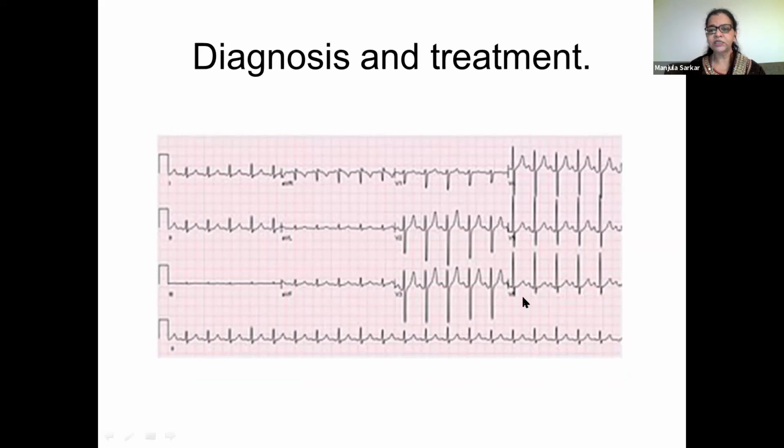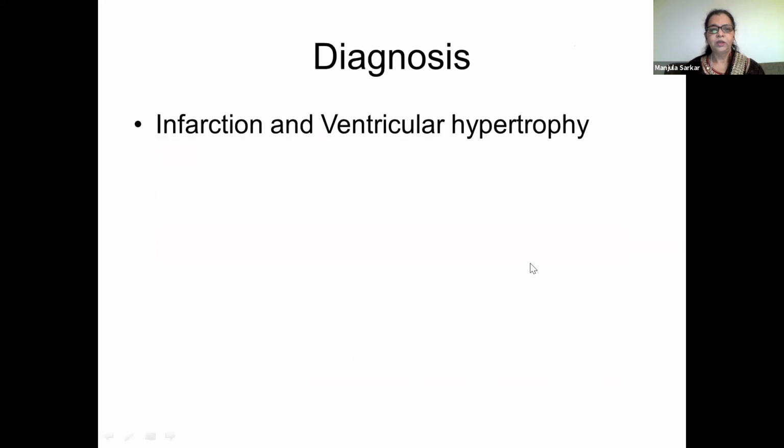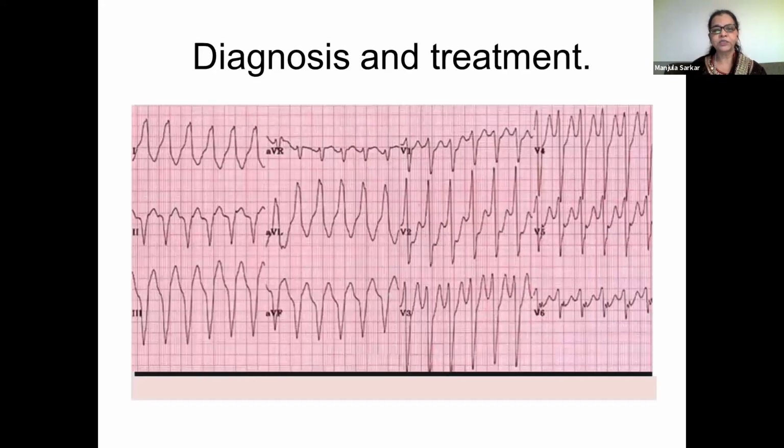So chest leads are showing some changes. So infarction and ventricular hypertrophy. Now what is this strip saying? See, ST segment elevation in all the leads. So global myocardial infarct.